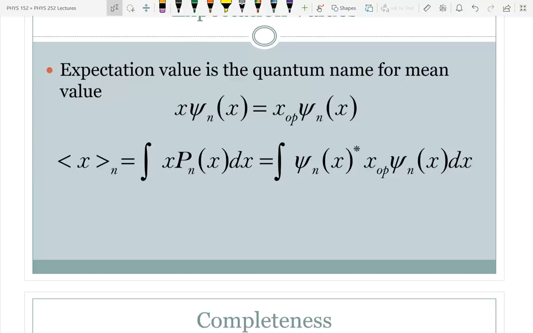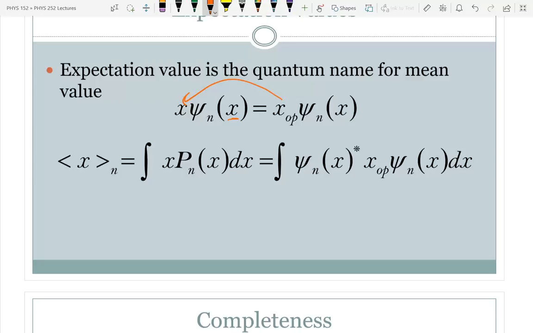If our wave function psi is written in terms of x, the position operator is just x. So you'll notice here I have x psi sub n of x is equal to x operator psi sub n of x, because the x operator is just x. That's your easiest operator.